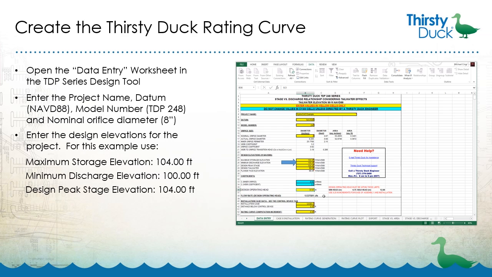Since no freeboard is required in this example, the design peak stage is 104.00, and any value less than 100.00 may be used for the design tailwater, since free discharge conditions are anticipated.